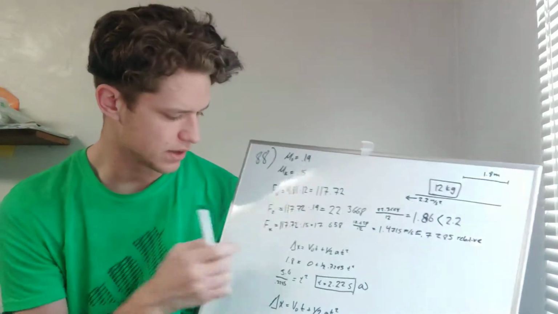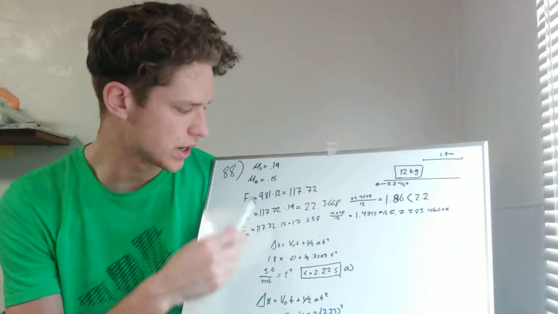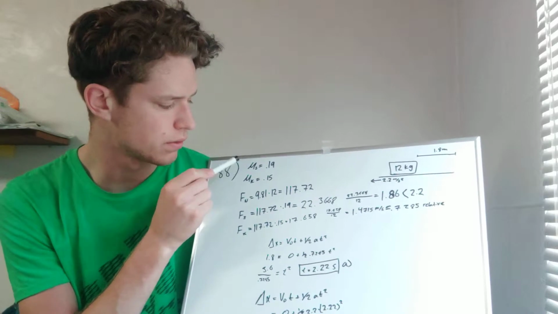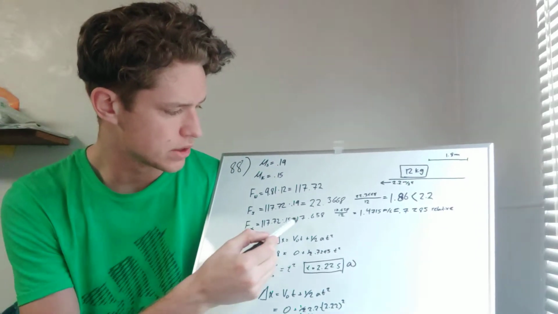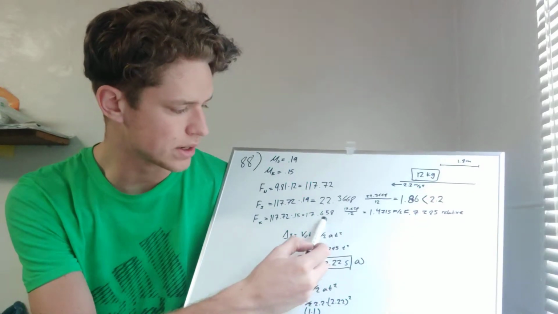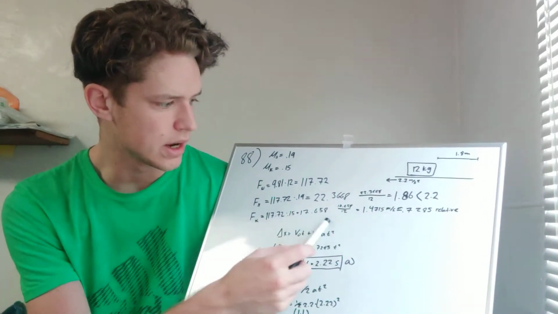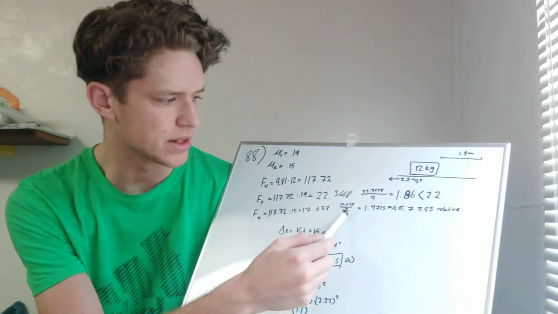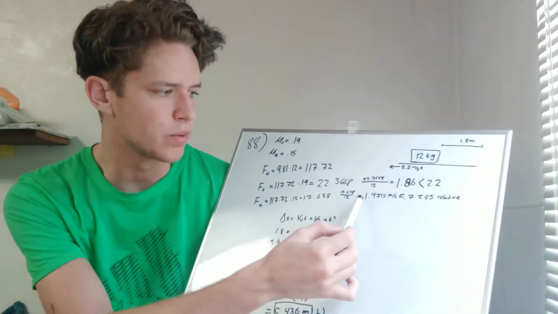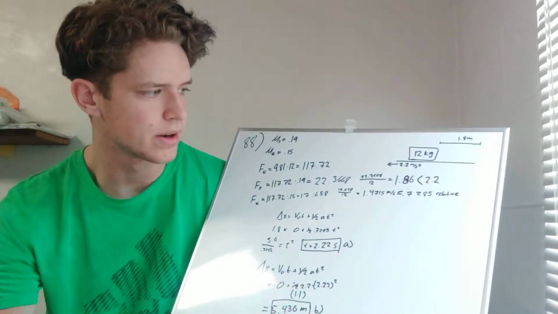So now that we know that the box actually moves, I did the same thing, but I switched out the coefficient of friction from static to kinetic. So the new force of friction is 17.658 newtons. Again, I divide that by 12 to get the acceleration, and that comes out to be 1.4715 meters per second squared.